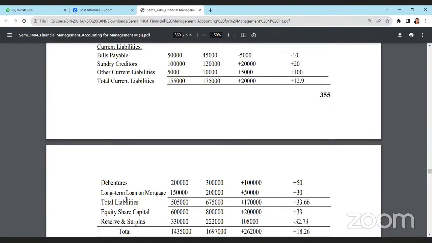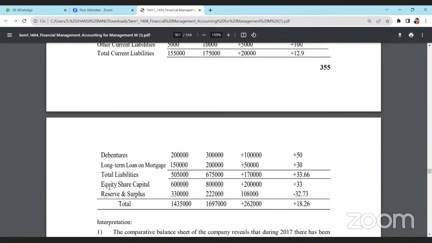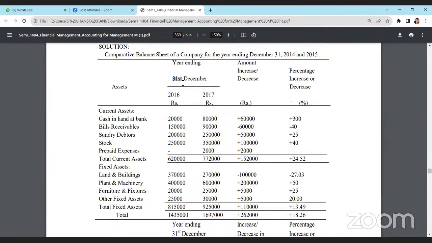This all comes under total liabilities. Then we have equity and share capital. I'm not talking about this problem, I'm talking about this format. I hope this is visible to you all. This is the format you have to memorize.